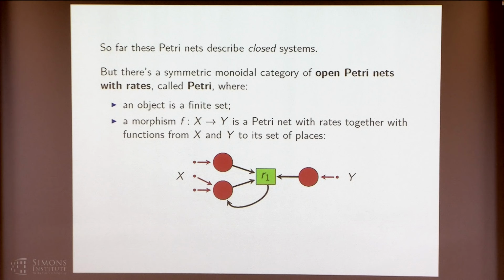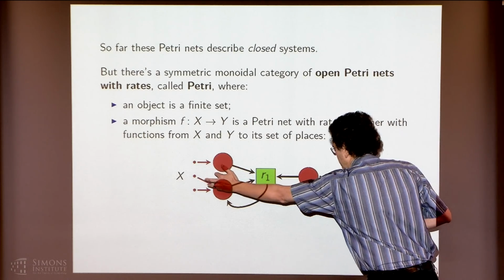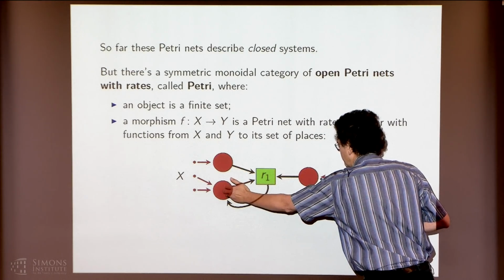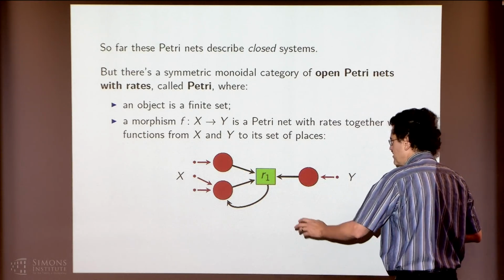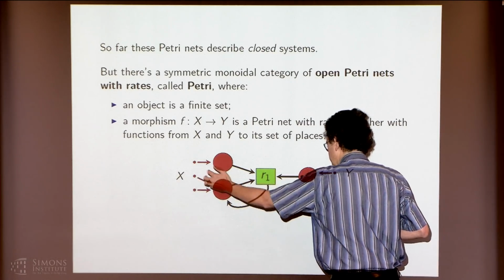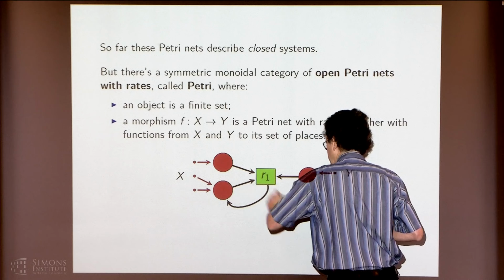So the objects will be finite sets, like the set X and the set Y, and a morphism will be a Petri net with rates together with functions from X and Y into the set of places. So, it may not be 1-to-1. If it's 2-to-1, it may be a little bit confusing, but the idea is that there could be two different kinds of things, maybe coming from two different places, that could go in here.